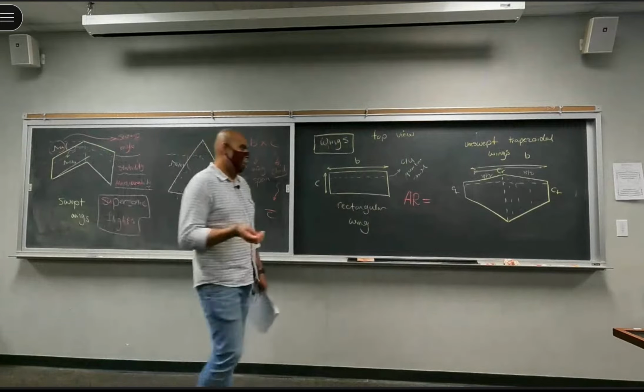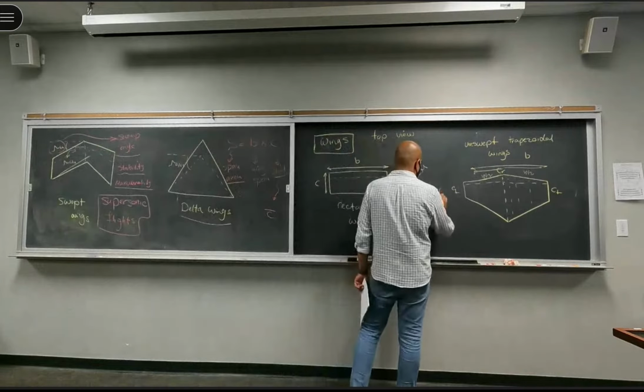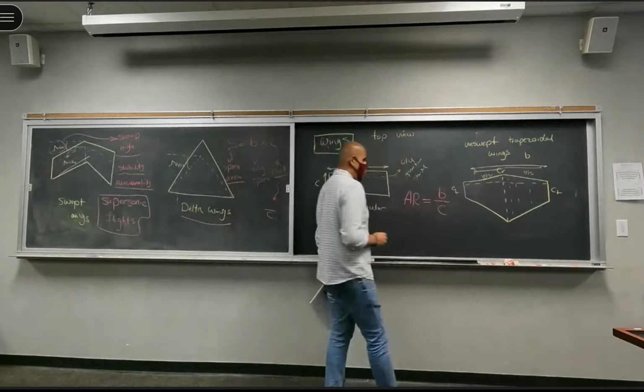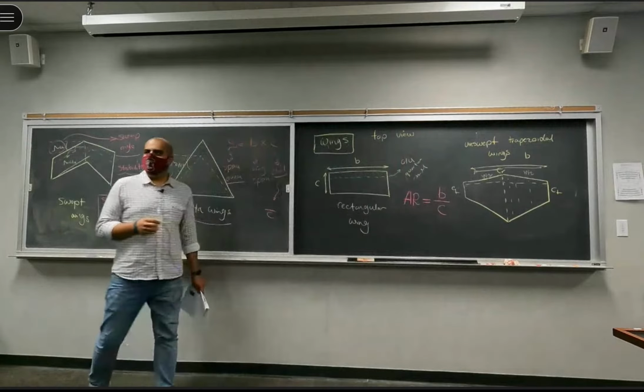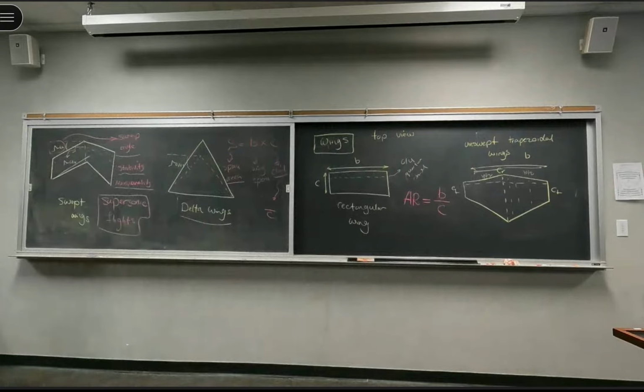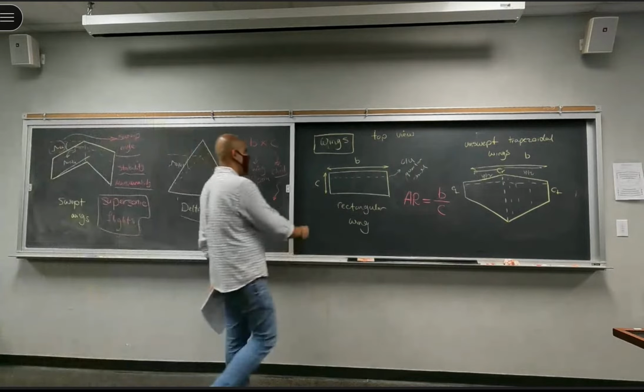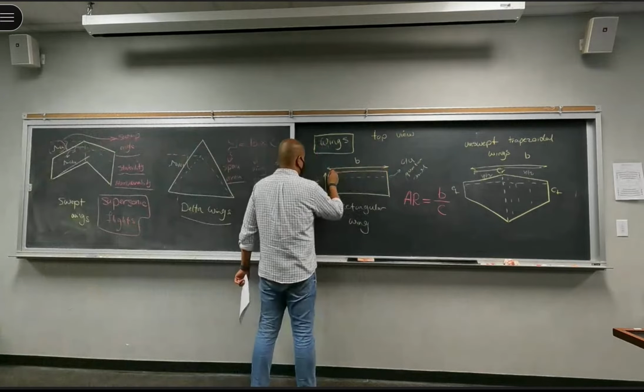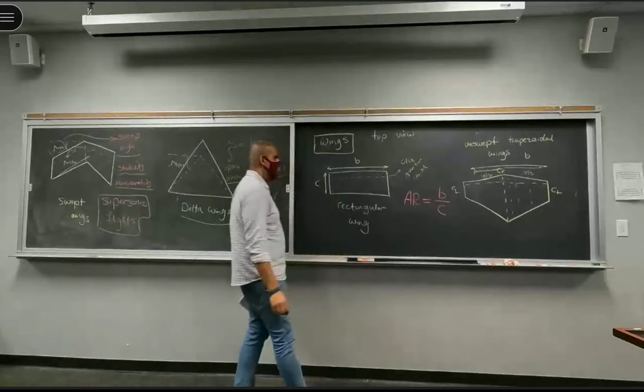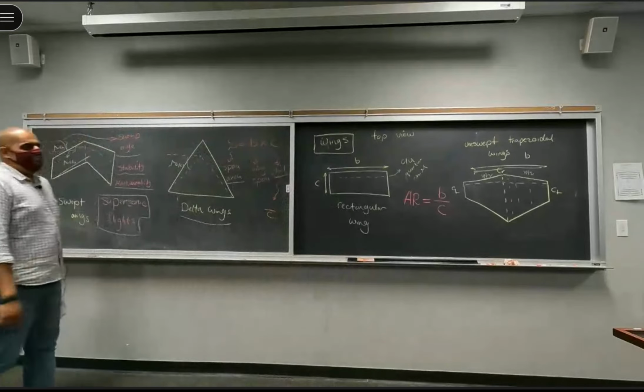B divided by C, exactly. So aspect ratio is the ratio between the span length and the chord length. And this is true for everything. Aspect ratio of anything is this distance divided by this distance, width, depth, length, whatever you want to call it.